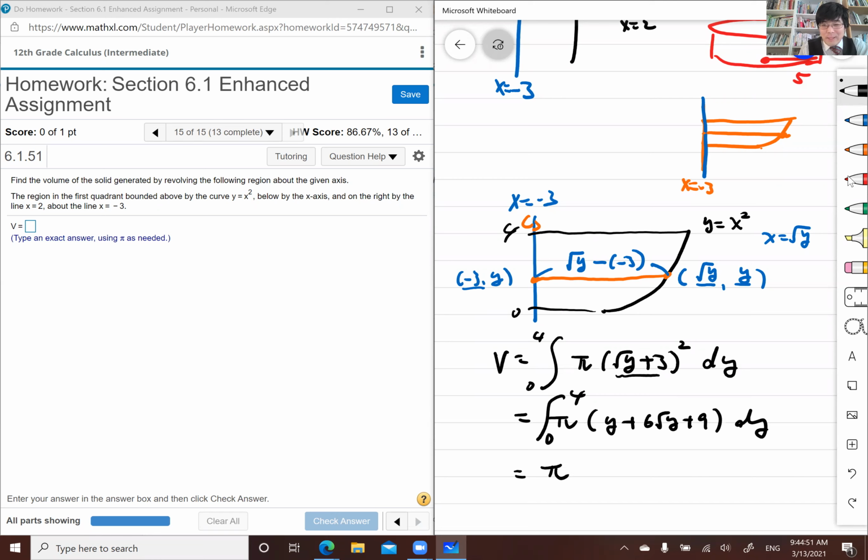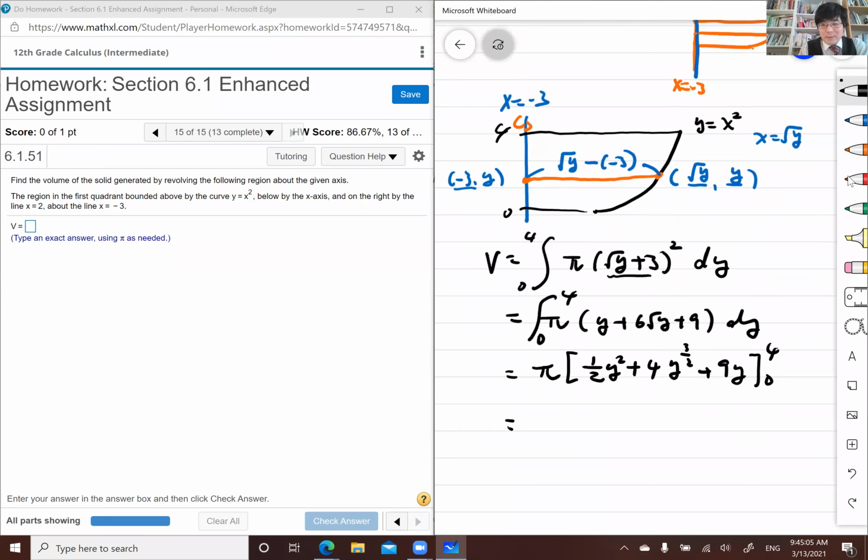Let's put pi out. It's going to be 1/2 y squared plus (4/3)... y to the 3/2, plus 9y, from 0 through 4. Plugging in 4, it's going to be 8, 32, plus 36, and 0 for the lower limit. So it's going to be 76 pi. That's the orange part.